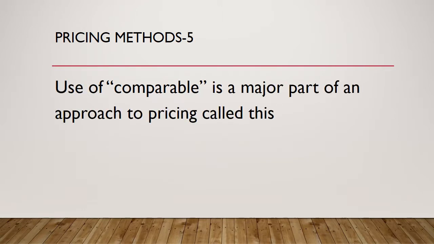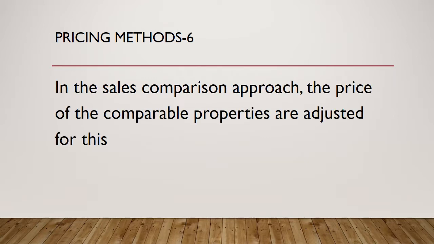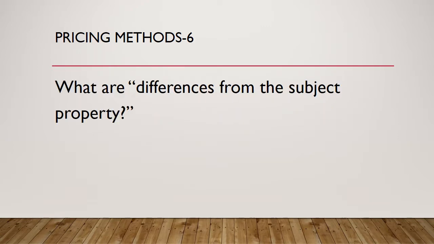Question 5. Use of a comparable is a major part of an approach to pricing called this. What is sales comparison? Question 6. In the sales comparison approach, the price of the comparable properties are adjusted for this. What are differences from the subject property?